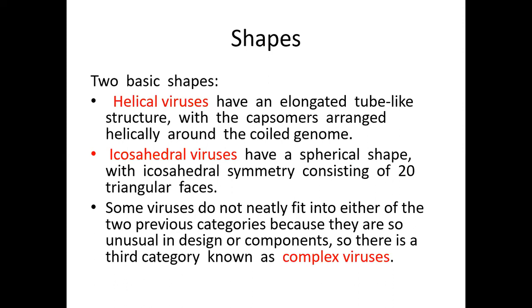Icosahedral viruses or cubic viruses have a spherical shape with icosahedral symmetry consisting of 20 triangular faces. But some viruses can have a shape which includes a helical part and an icosahedral part, and those viruses are called complex viruses.